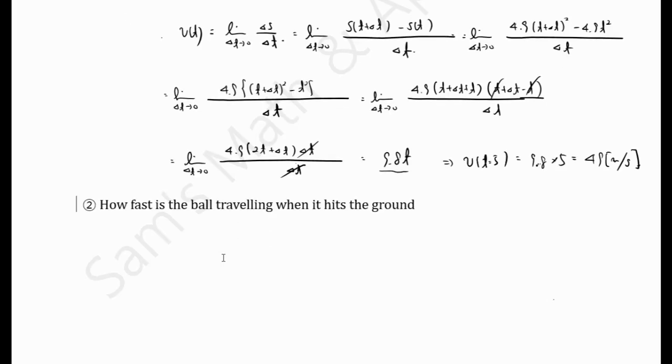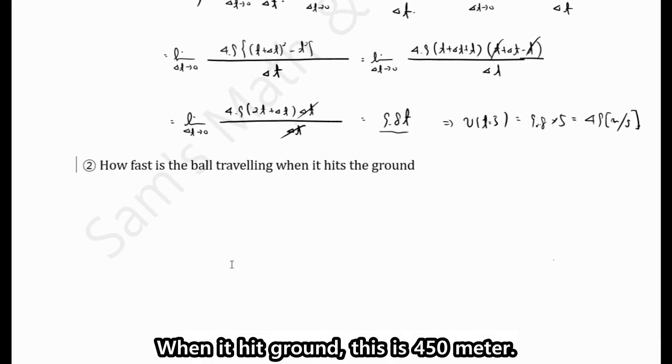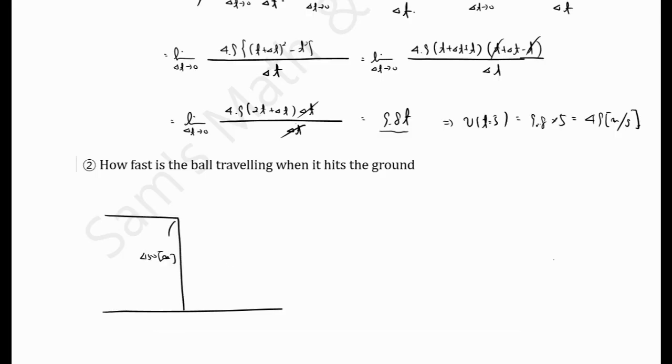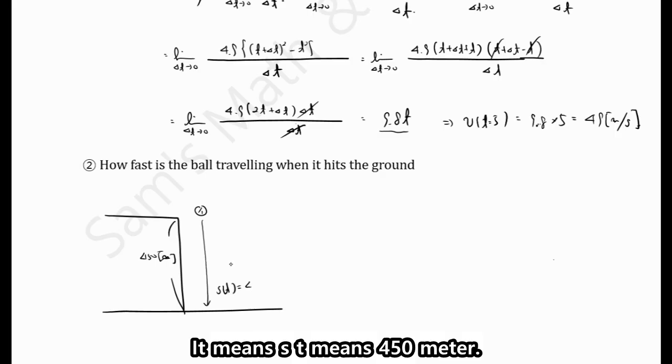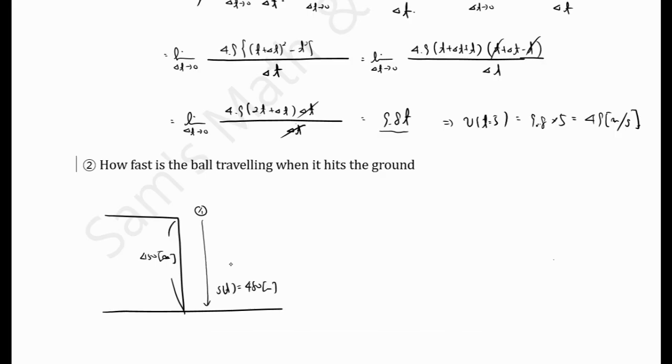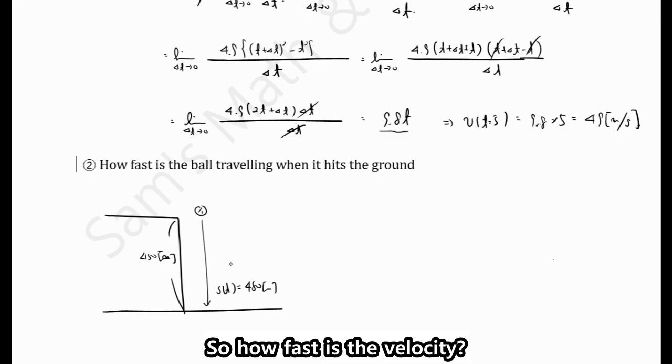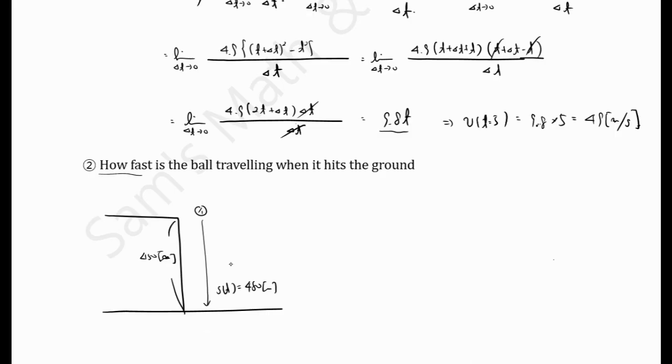When it hits the ground, this is 450 meters. It means s(t) equals 450 meters. How fast means the velocity.